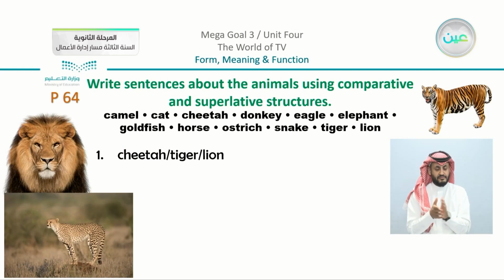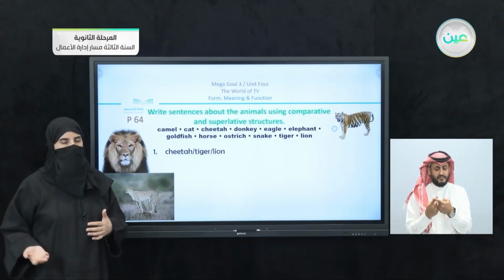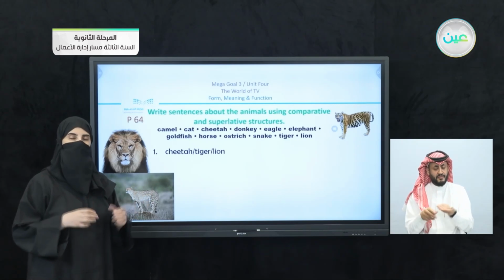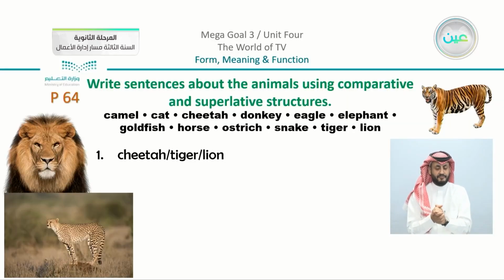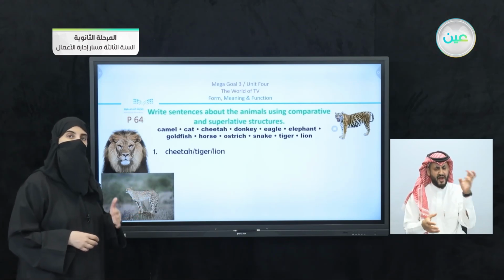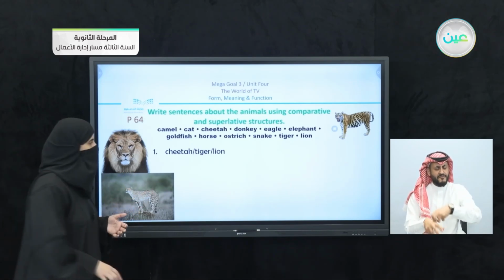So we are going to use one-time superlative sentences or comparatives, and we're going to also use comparative degrees. So we have here, first of all, number 1, cheetah, and the tiger and the lion all together. So how can you compare between the three animals? You can see that they are all three fearsome animals. They are all predators. So what can we say?